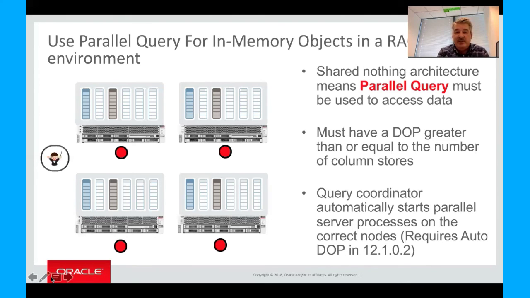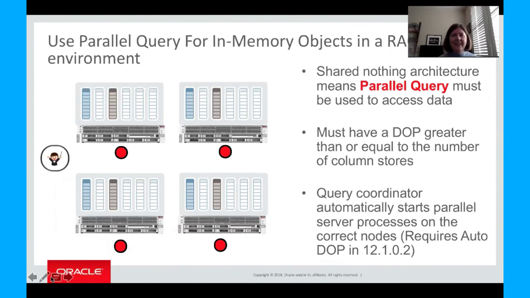Okay, and then the other one, before we get into services: is there any way that I can limit which RAC nodes the in-memory column store is available on, other than using services? Well, you can certainly not set the in-memory size parameter on the instances you don't want to have a column store allocated to. Is that what you're referring to?